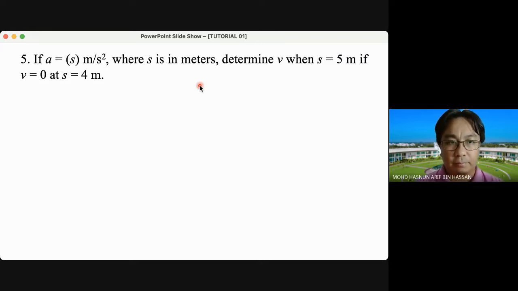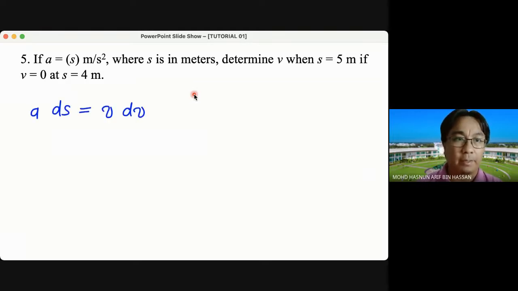A ds equals to V dV. Okay. Right. So we have the third basic equation, A ds equals to V dV. Okay. And then what do we do with this? Integrate. Okay.